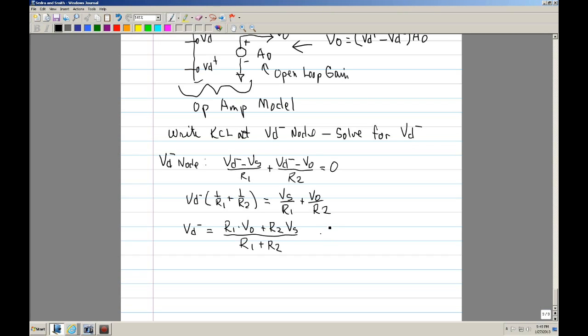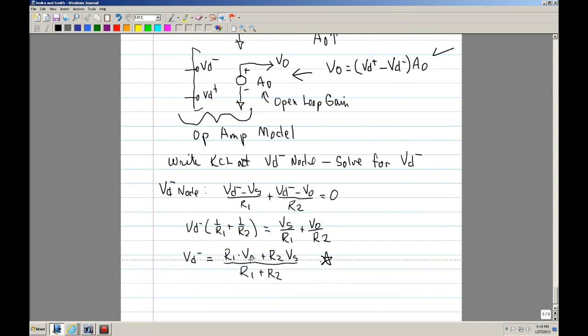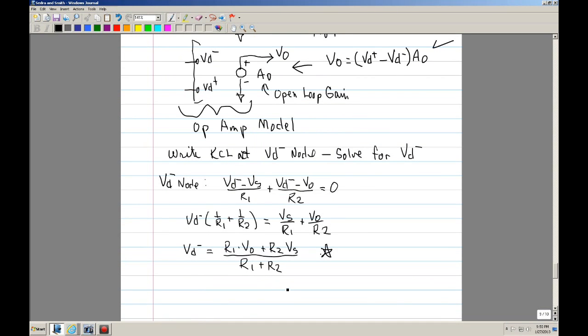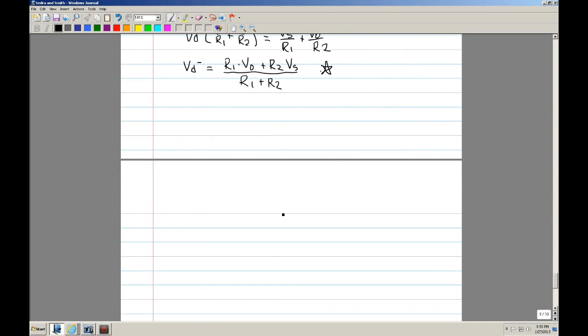So we have this equation. I'll put a little star here. We're going to come back to that.